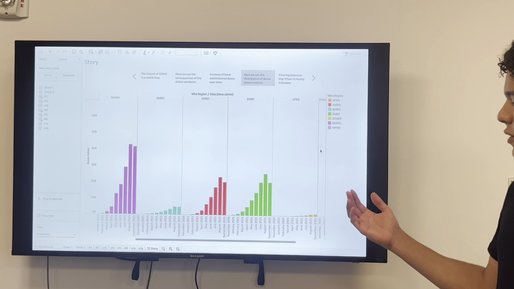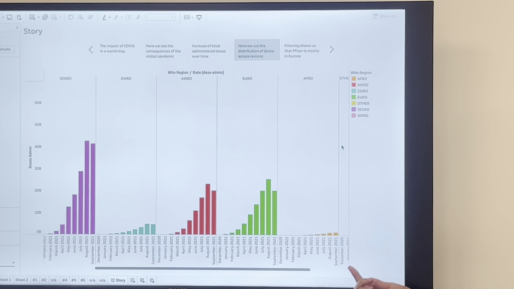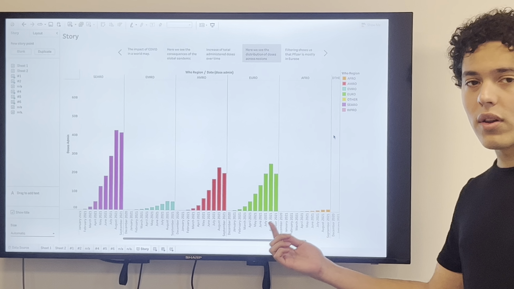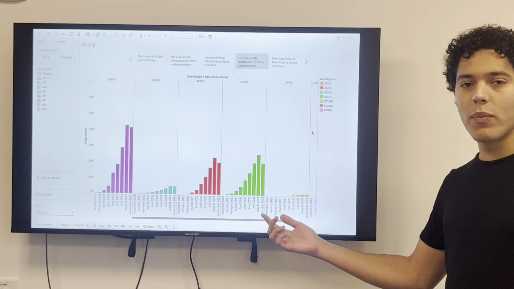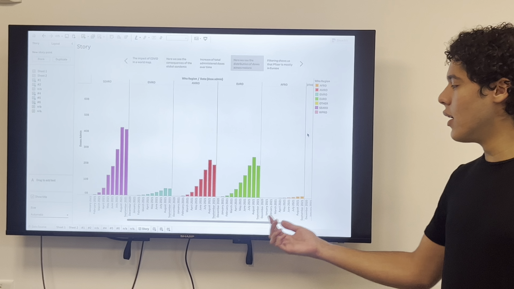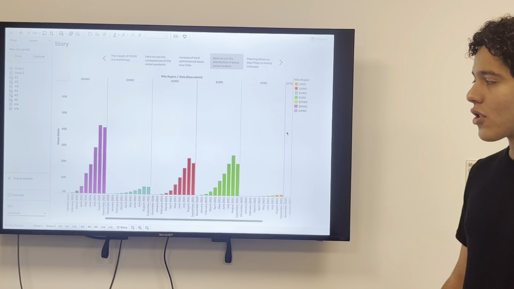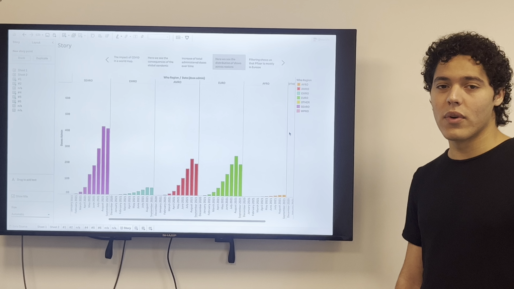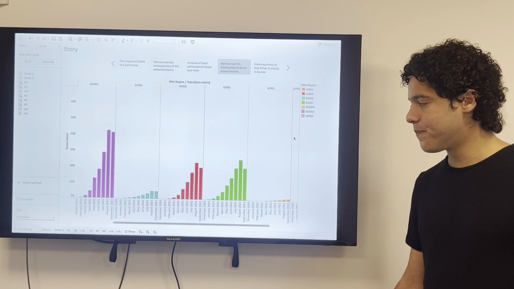If we come back to Africa and Europe, we could see the critical disparity by noting that in the latest bar for Africa, they have fewer vaccinations than they did in the earlier stages for Europe, indicating that in the initial phases, Europe got more vaccinations than Africa has in the latest phase. And in terms of market opportunity, this shows that there is a critical demand for vaccines in Africa, and there is no supply to meet this demand.